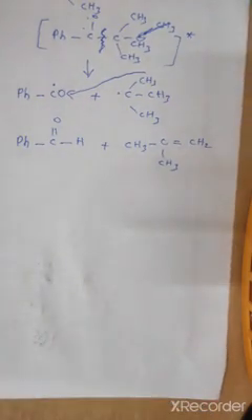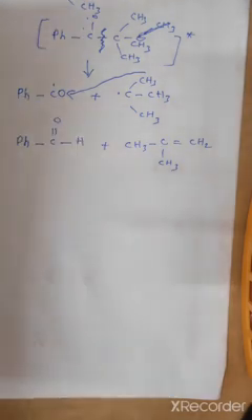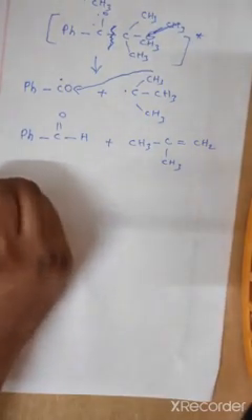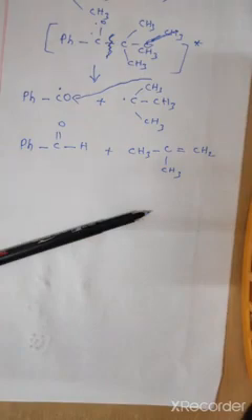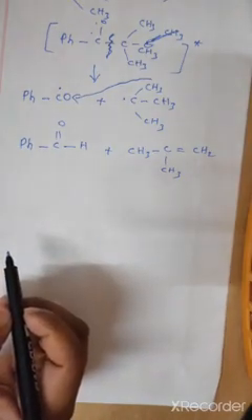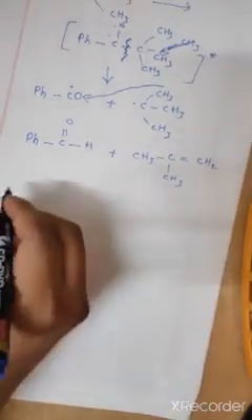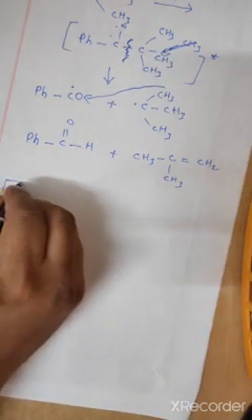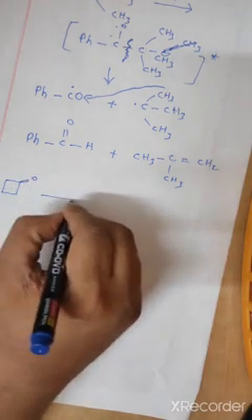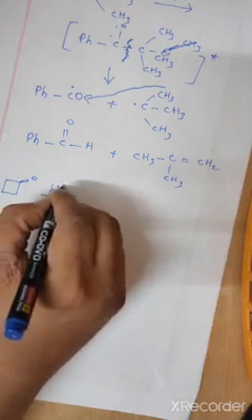Next, other example. Another example is saturated cyclic ketones. First I will draw it so that it will be very easy to explain. h nu.